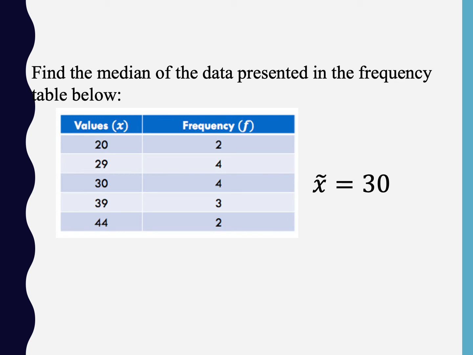So, at the value 20, you only have 2, plus the frequency of value 29, plus 4, so that is 6, and then plus the frequency in the value of 30, which is plus 4, which is 10. So the 7.5 value, or the 7.5 position, is in the value 30.